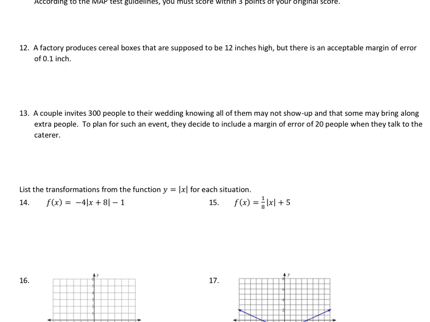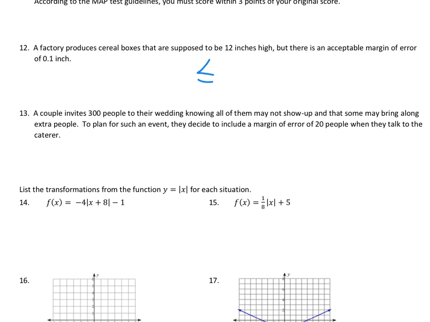So the first thing we have to think about is, well, I know that the size of my box can be between 12 minus 0.1 and 12 plus 0.1. So since that can happen, I'm going to have something that's in between. And if I have something that's in between, then that's going to be a less than or equal to symbol.